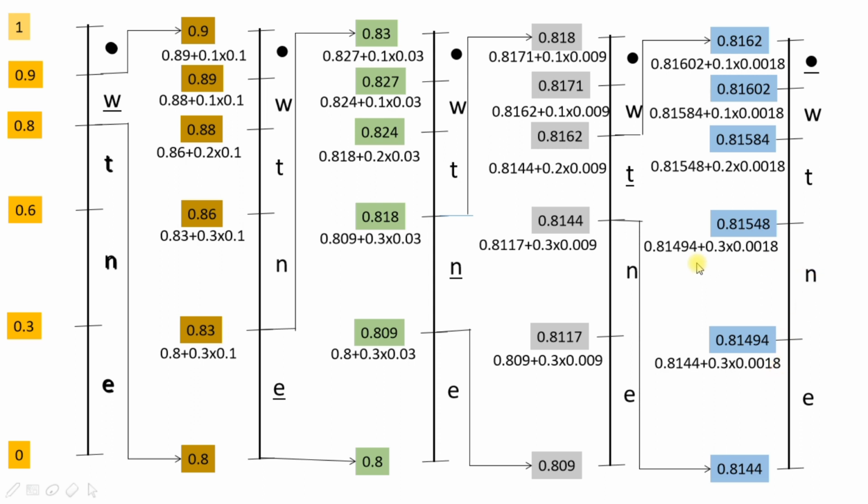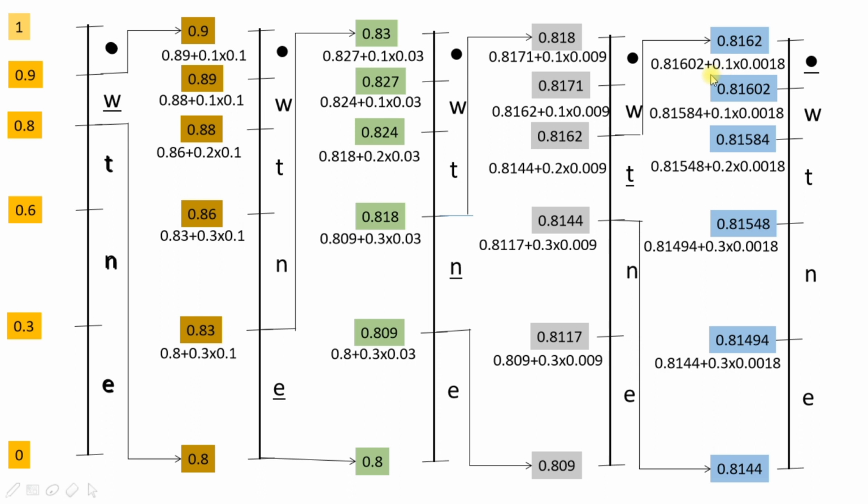Then the upper bound for n will be 0.8194, this value, plus 0.3 into 0.0018. So that is this difference, 0.8162 minus 0.8144. Then the upper bound for t is 0.81548 plus 0.2 into 0.0018. Then the upper bound for w will be 0.81584 plus 0.1 into 0.0018.